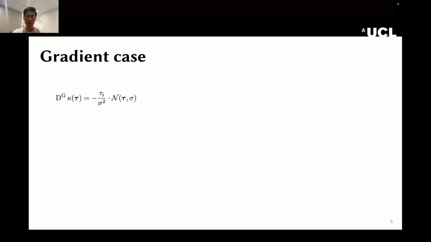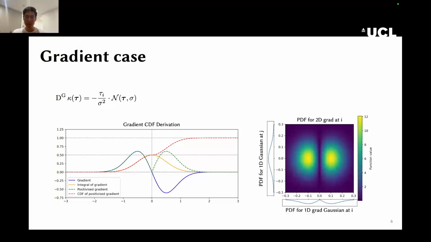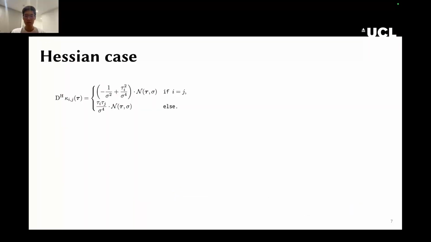Since convolution is continuous, we need to sample for it for all three cases. The gradient of the Gaussian kernel is positivized and normalized similar to PDPT. It is separable, so we can treat each dimension individually, while marginalizing the other dimensions when sampling for a single component dimension. The Hessian of the Gaussian kernel is divided into the diagonal and non-diagonal parts.